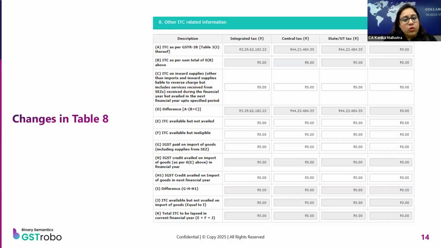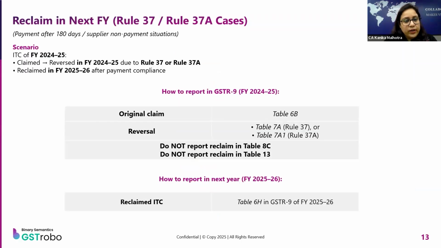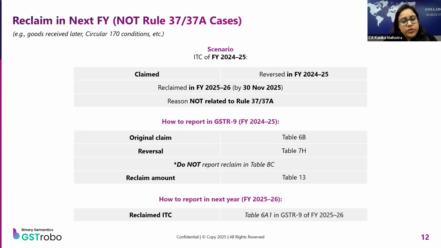All right. So this is basically a glimpse of 8C to have a better understanding. Now we are moving ahead, moving again into that example. So, original claim in the same example would be in 6B only because it relates to 24-25, reversals in 7H because it is other than 37-37A reversals, and you can reclaim it at table 13.